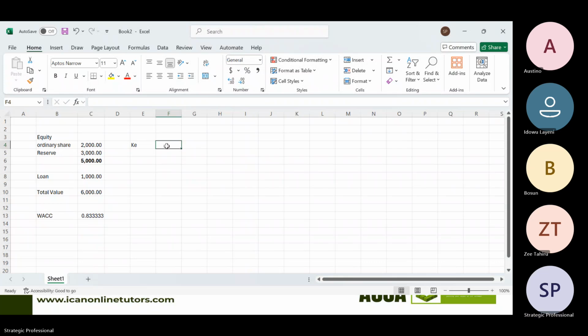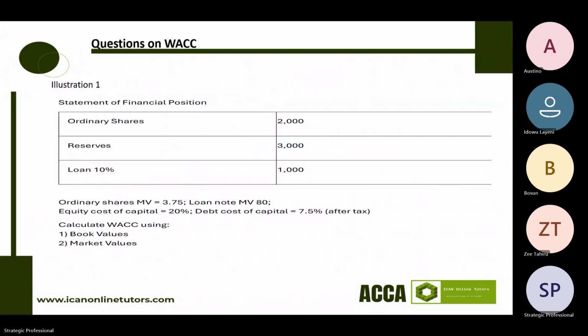Sorry, please. Did we write the question down? Did we take a picture? Okay, this is the question again. Anybody, please, cost of equity. Do you have someone in the class, please?